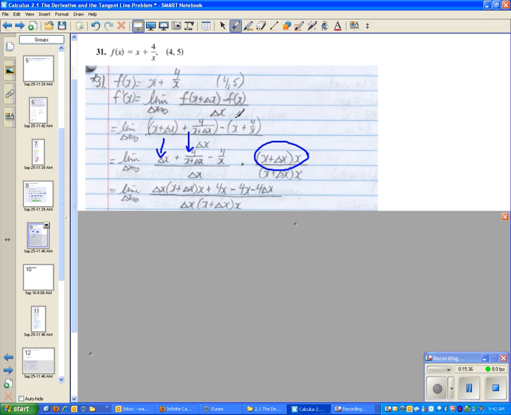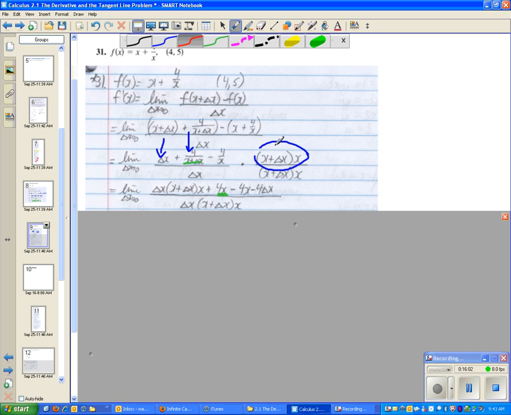Now here's where it gets fun. Because if I'm multiplying what's circled times 4 over x plus delta x, can't I divide out the x plus delta x's? And so now I just have 4 times x. Now, that's not divided out anymore, is it, for the next term?